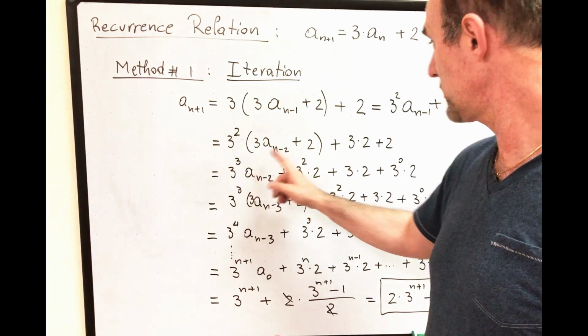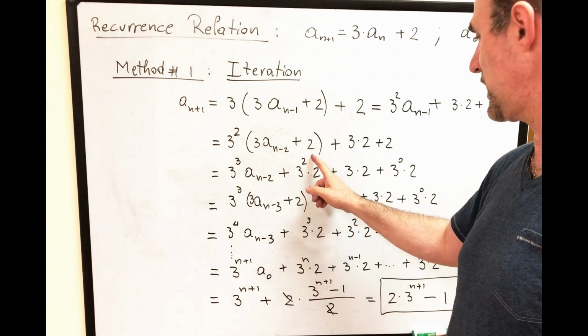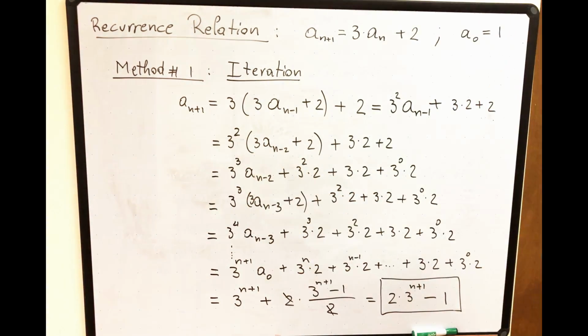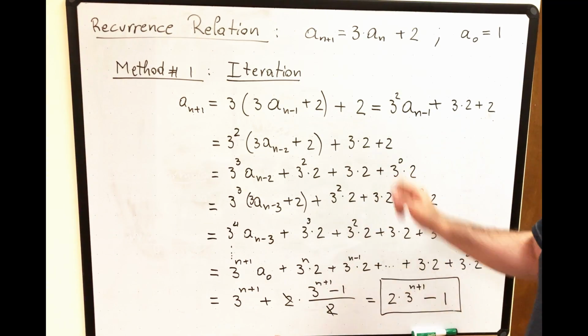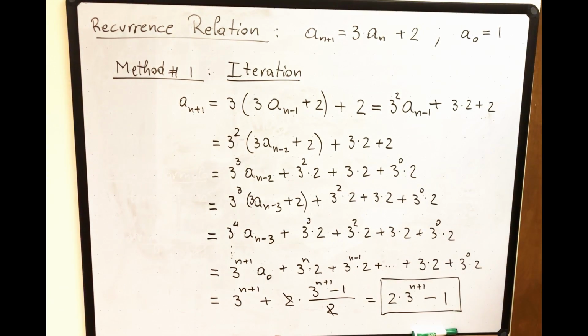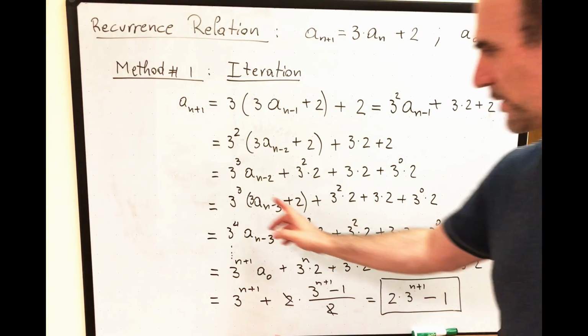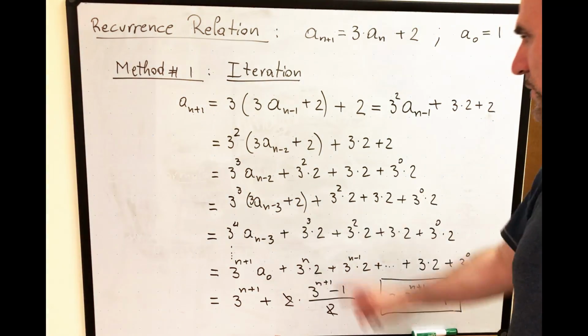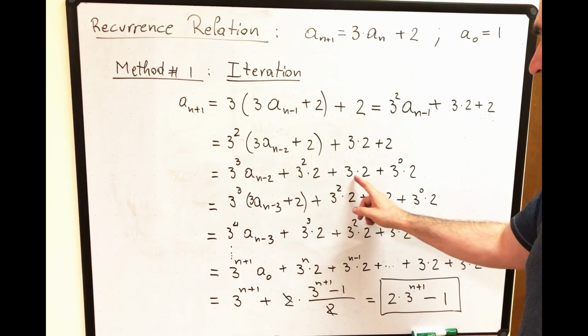So 3 squared times that, a of n minus 1 in terms of a of n minus 2, right? Plus 3 times 2 plus 2. Doing the multiplication, you get 3 cubed a of n minus 2 plus 3 squared times 2 plus 3 times 2.